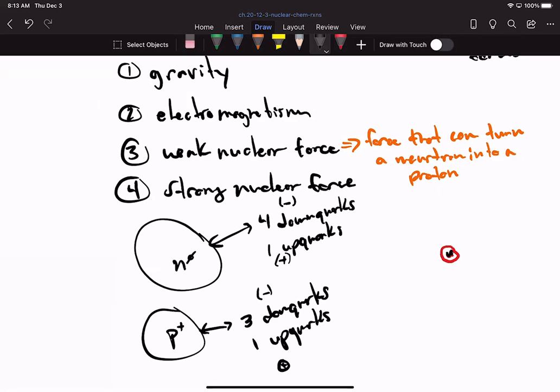There's enough negative charge with these four down quarks that they offset the one positive charge of the up quark. So if our up quark is here, let's put a down quark here, another one over here, another one over here, and another one over here.